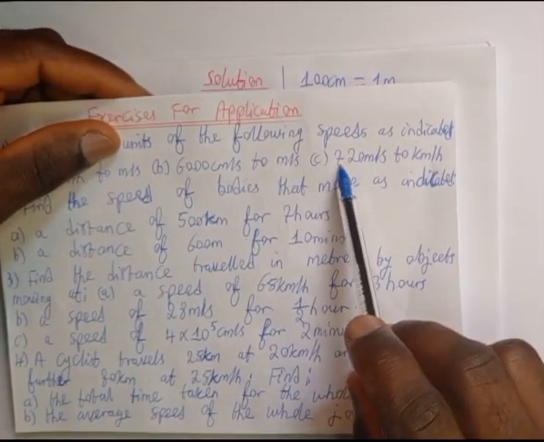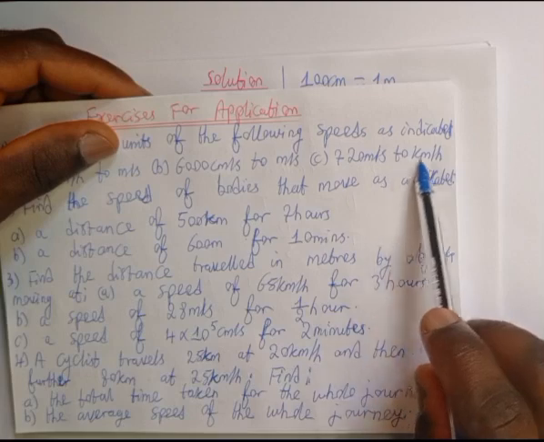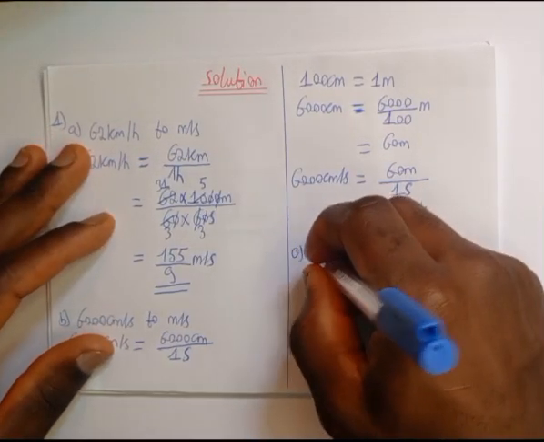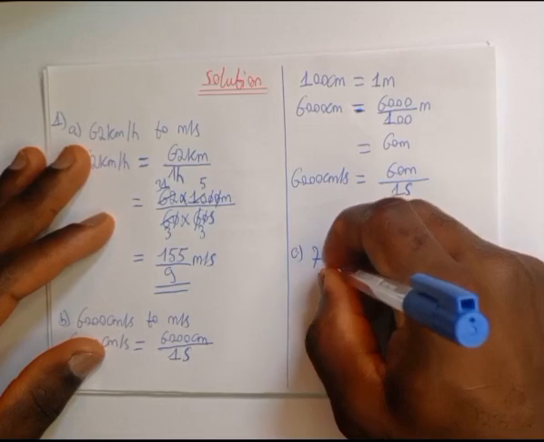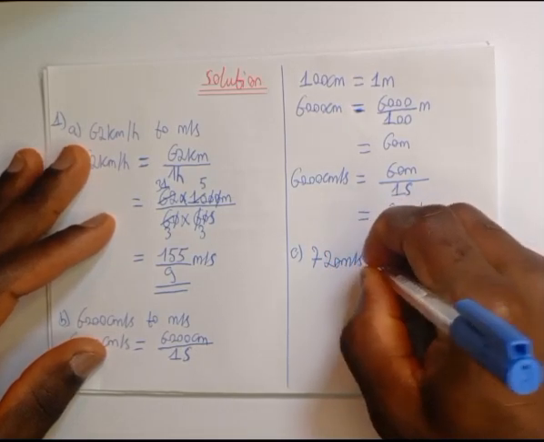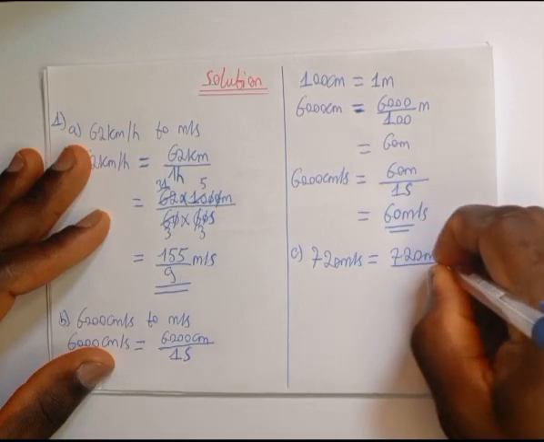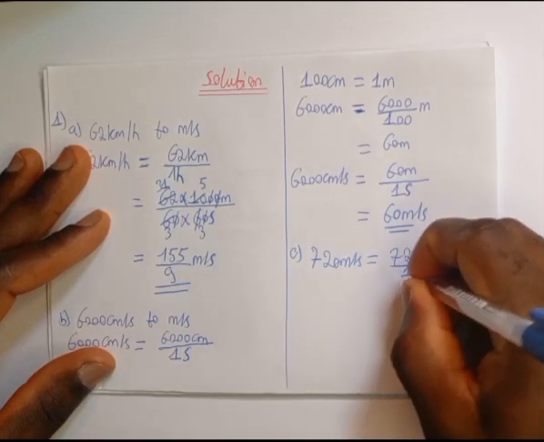For C, we have to convert the speed of 720 meters per second to kilometers per hour. 720 meters per second is simply equal to 720 meters all over 1 second.